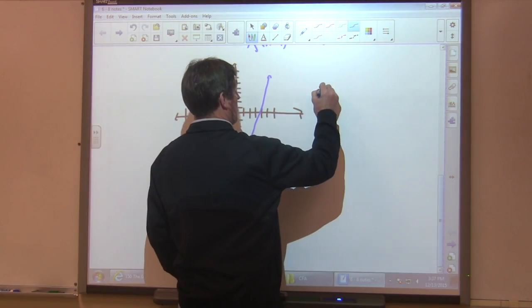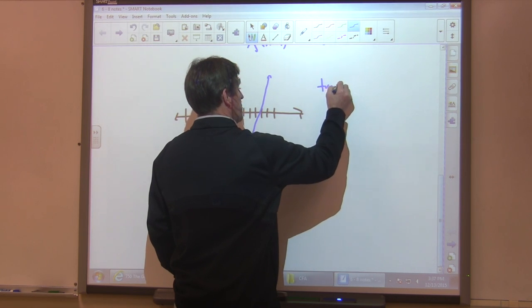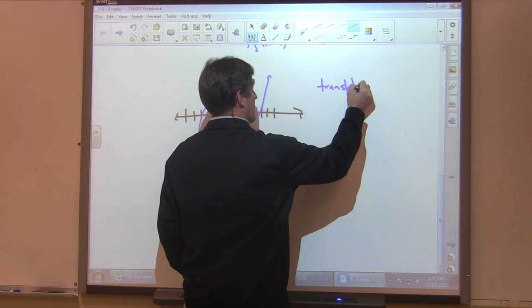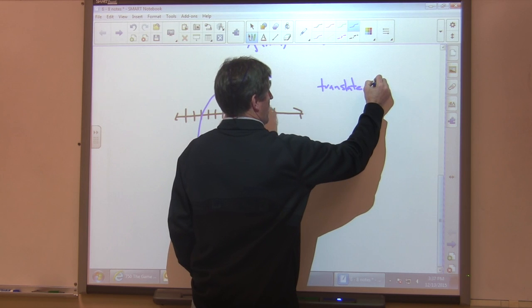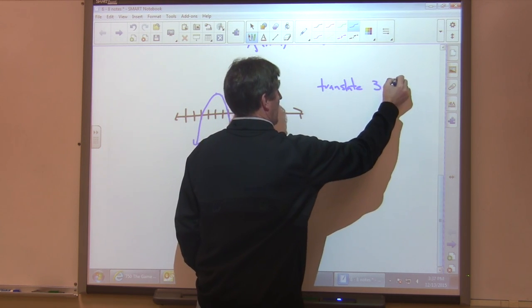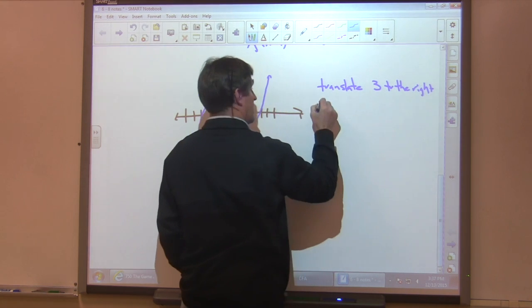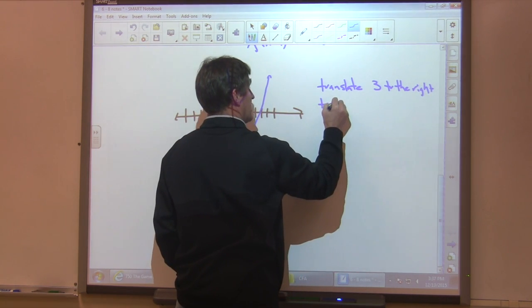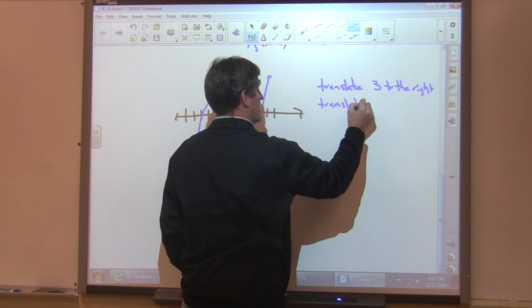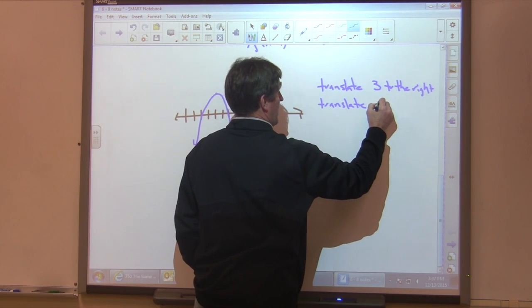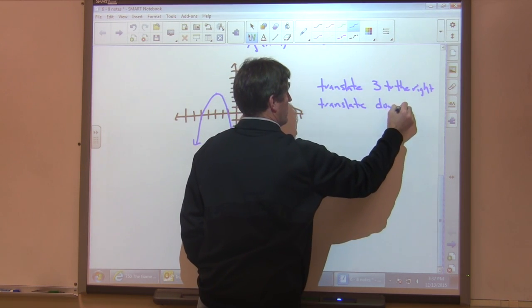So as an example, translate 3 to the right and translate down 2.